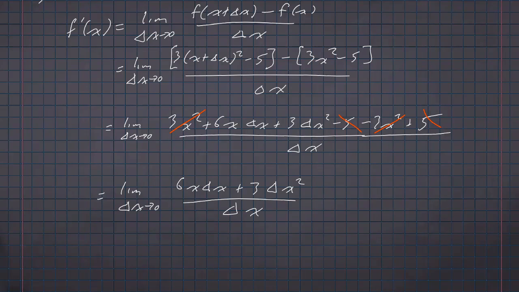We can reduce by canceling out a factor of delta x in everything. We get the limit as delta x goes to 0 of 6x plus 3 delta x. All right, that's fun and exciting.